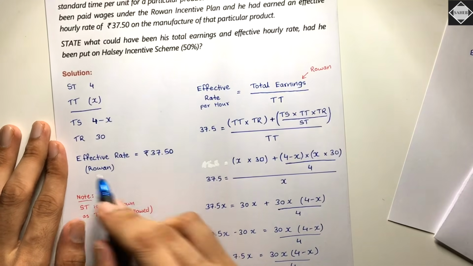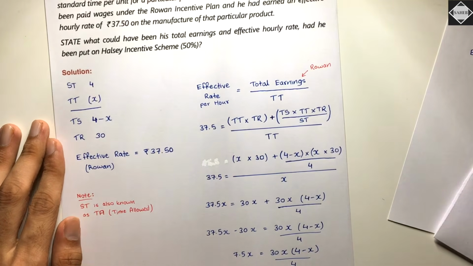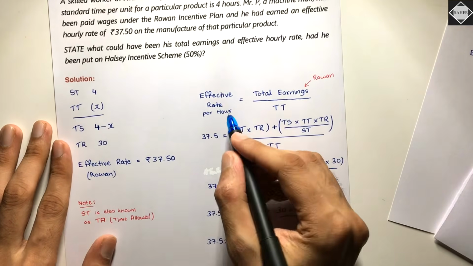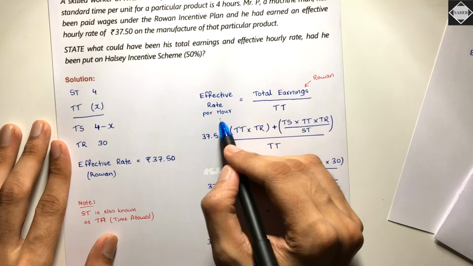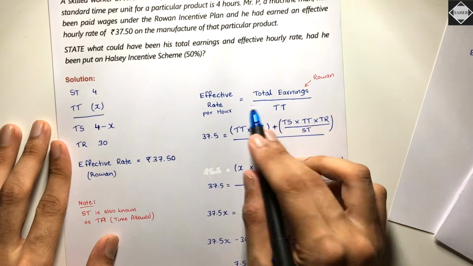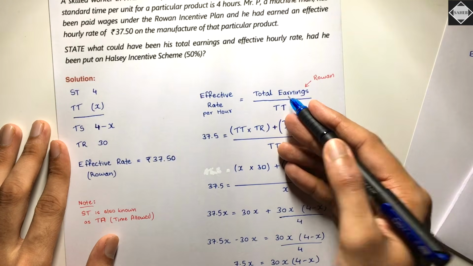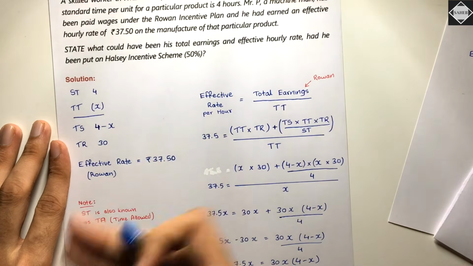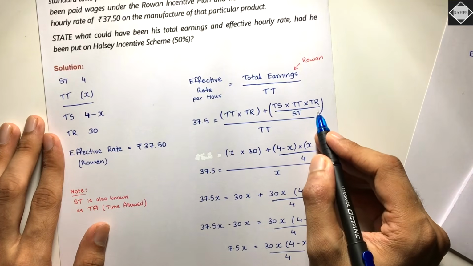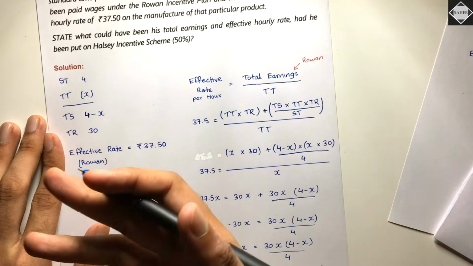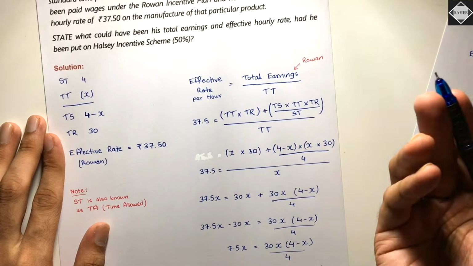And then we had the effective rate according to the Rowan plan. So we took the formula of effective rate per hour, which is nothing but total earnings divided by time taken, and then total earnings can be calculated with the methods of remuneration, and they said it's Rowan, so we used the Rowan formula. If it was the Halsey formula, then we would have used Halsey over here.